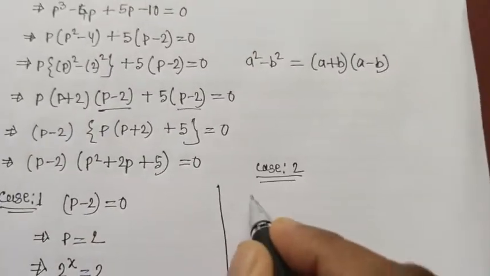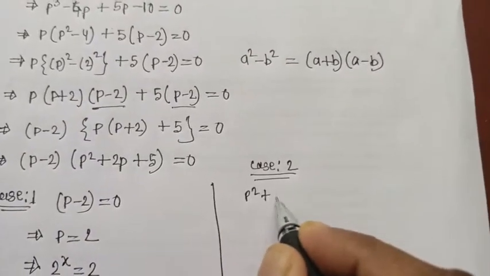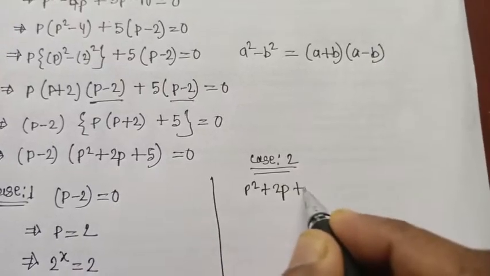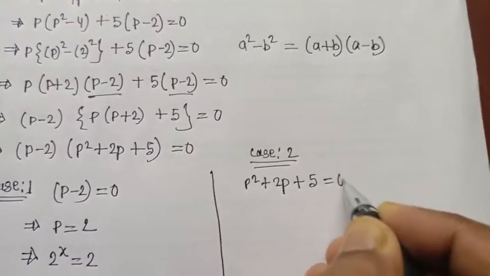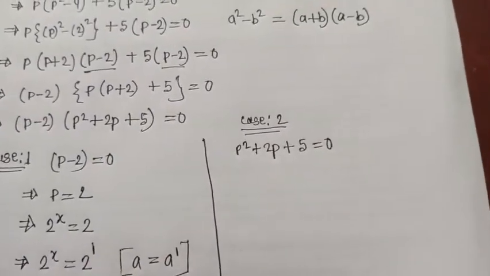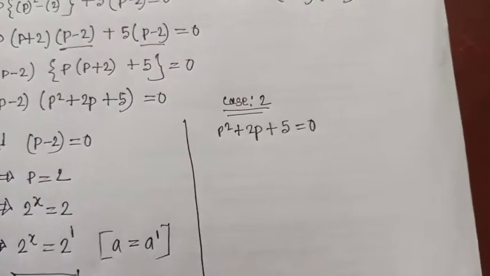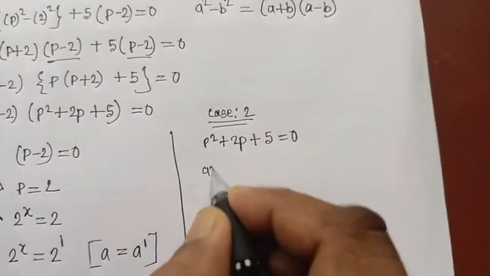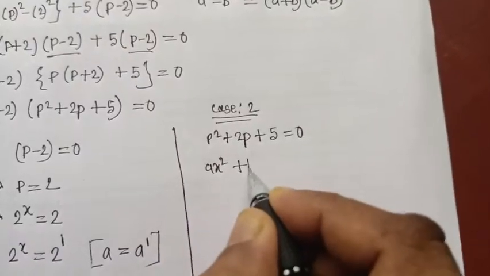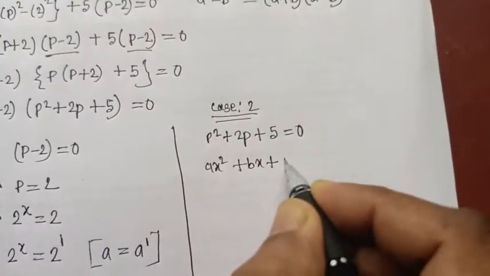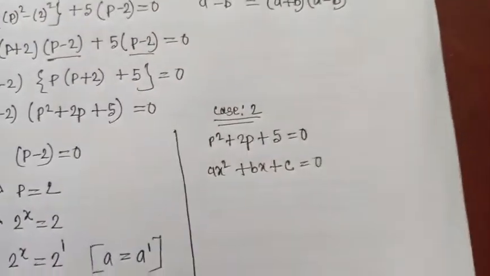That is p square plus 2p plus 5 equals 0. Now the above equation is like a quadratic equation, like ax square plus bx plus c equals 0.